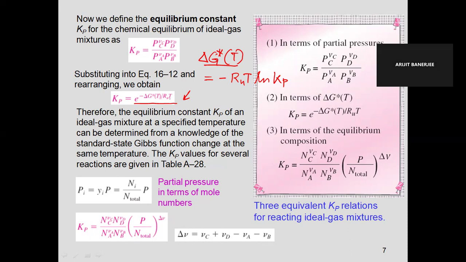Gibbs function. Gibbs function, sir. Okay, but Gibbs function, you see that it is delta G. Temperature. Of course, temperature, and Anurag also told correctly, it depends on the Gibbs function, but Gibbs function of what?